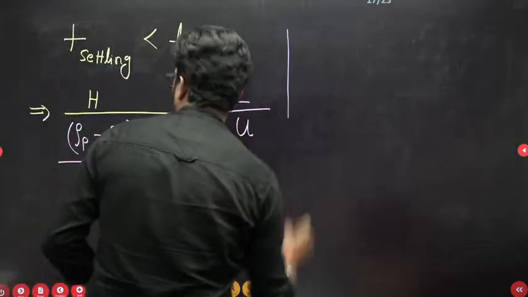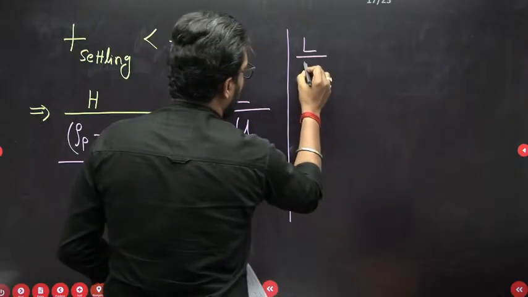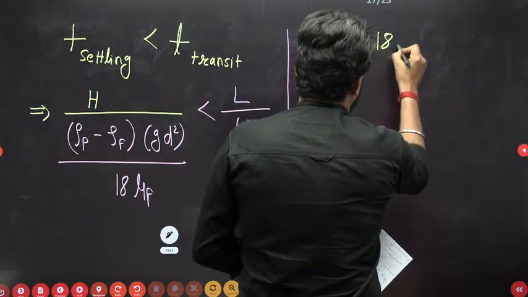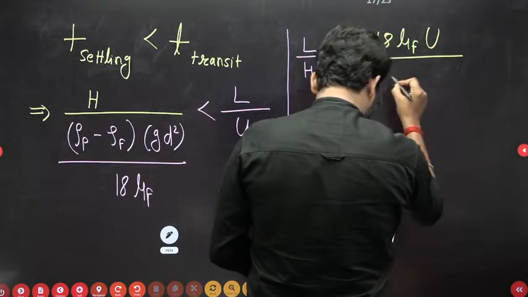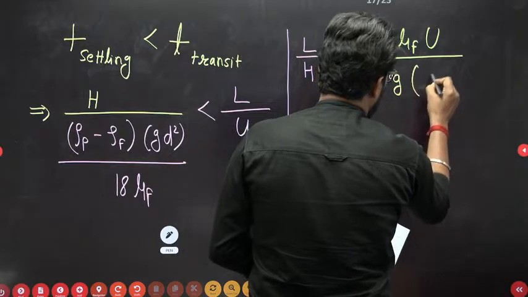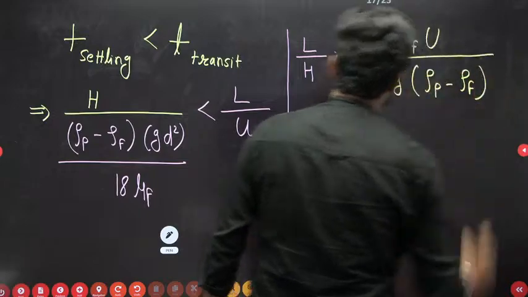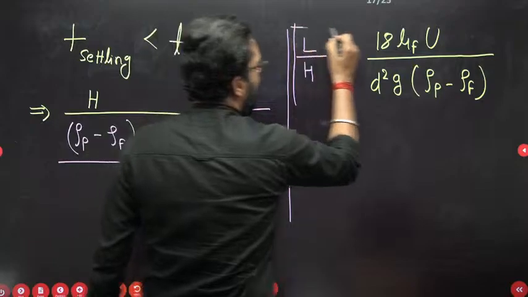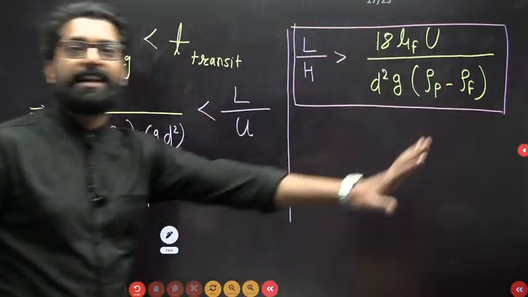So L by H, where L is the length of the channel and H is the gap, is greater than 18 mu f U divided by d square g times density of particle minus density of the fluid. So if L by H is greater than this value, there must be a capture before it will transit.